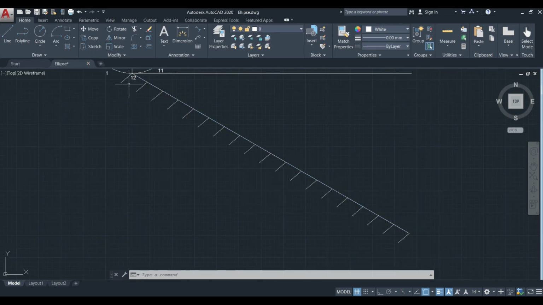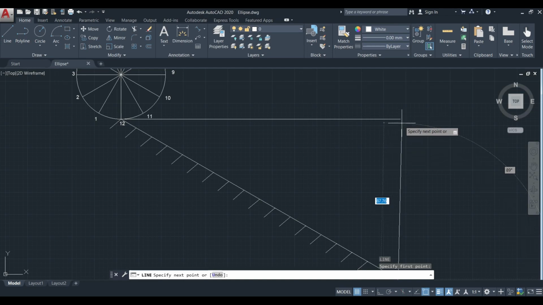Here I have divided the inclined straight line into 18 equal parts. Then we can connect the end point of this inclined straight line with the end point of the horizontal straight line here.